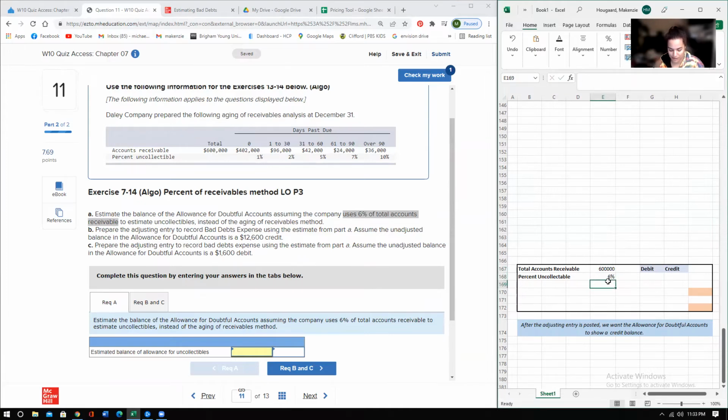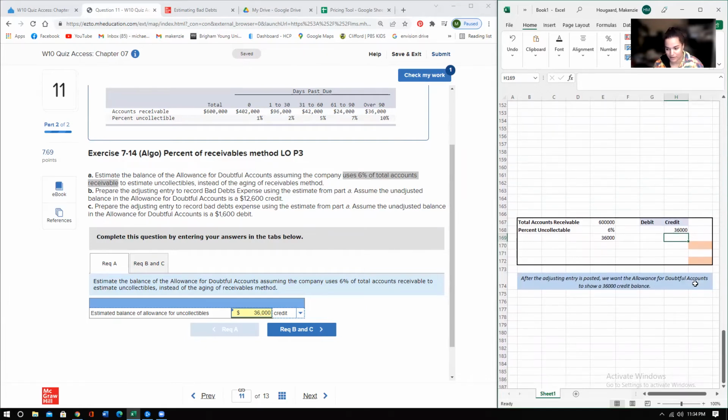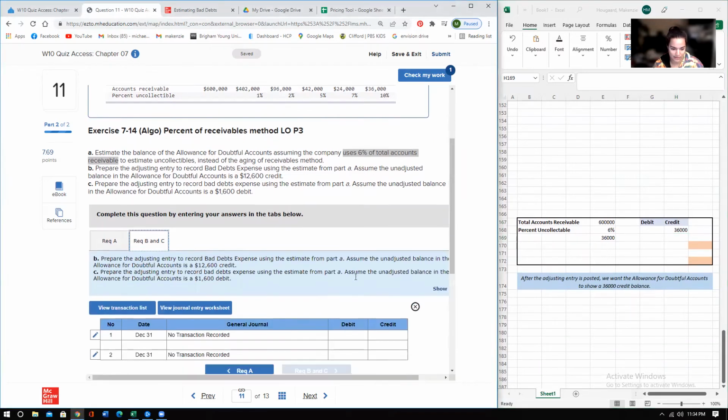To get the amount, we need to multiply those numbers together, and we get 36,000 is the estimated balance of allowance for uncollectibles. And once again, it's a credit. So we'll go ahead and put this number there, 36,000. And then again, after the adjustment entry is posted, we want the allowance for doubtful accounts to show a $36,000 credit balance.